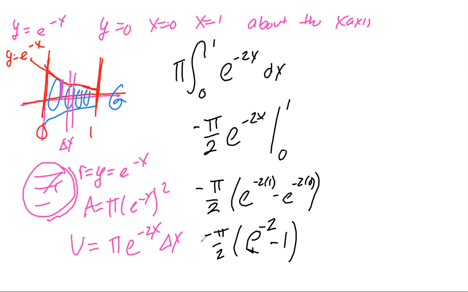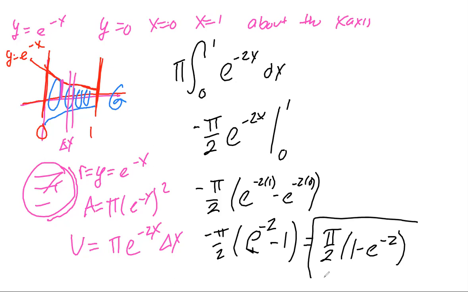That's totally a fine answer, but I hate the negative on the outside. When I distribute that on the inside, I'm going to get pi over 2, 1 minus e to the negative 2. That right there. My math hub's going to love you for that one.